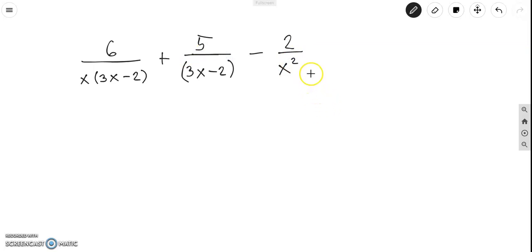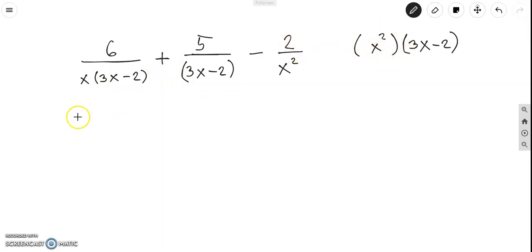Remember that if we are going to add or subtract any fractional expressions, we need to find the LCD. Here the common LCD is x squared times 3x minus 2. So we multiply each fraction so that we have the same denominator.